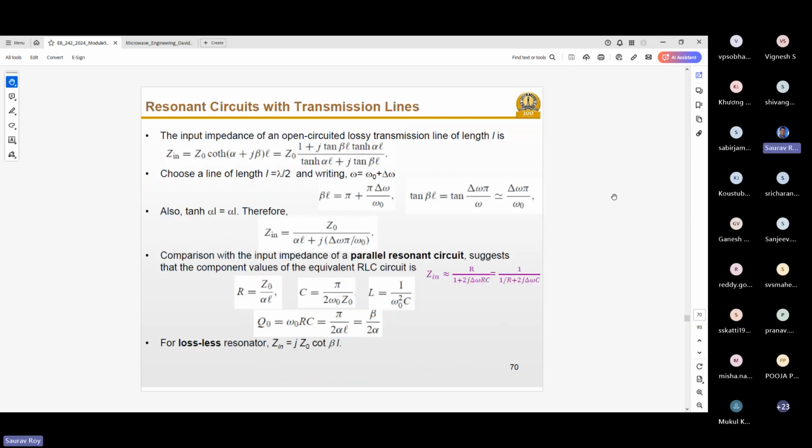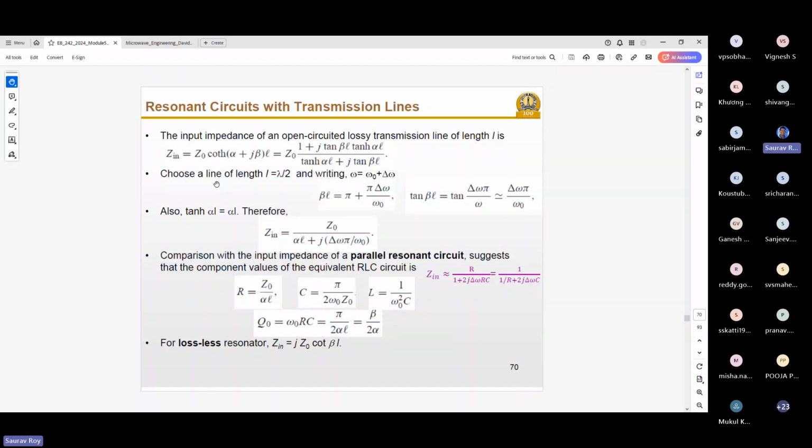Now comes the transmission line section. Can we use a transmission line section to create a resonator instead of this RLC circuit? If you take a lossy transmission line, the input impedance is this expression, which comes from normal transmission line theory.